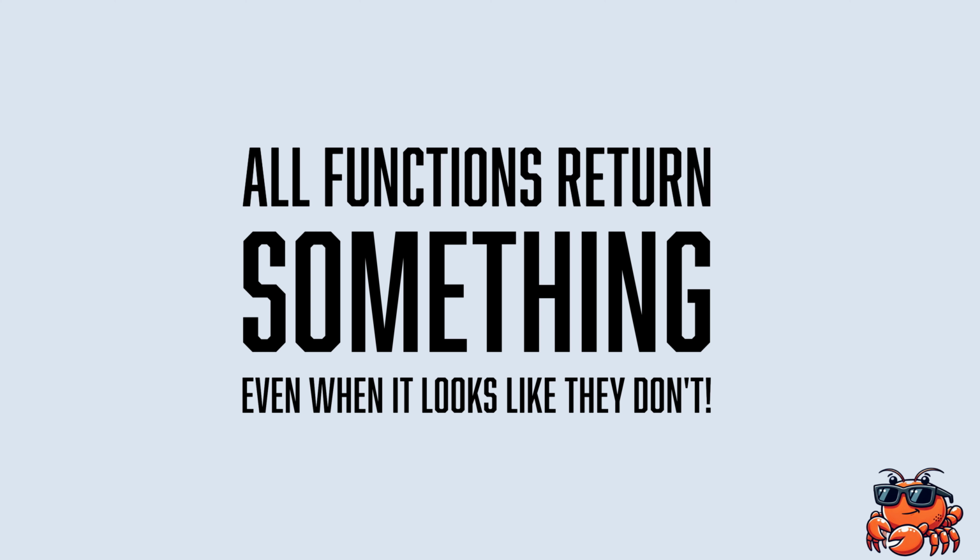Okay, so this is the perfect time to figure out why every function call is an expression. Every function you declare in Rust returns a value. Always. Even if you don't specify a return type, it still returns the unit type.